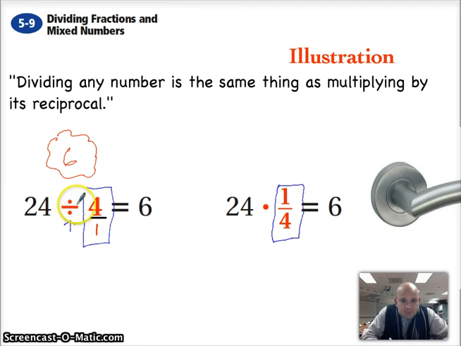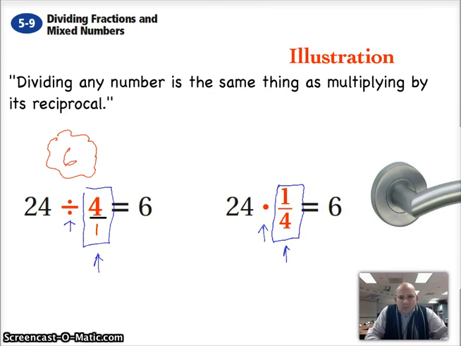We've changed the operation, and we've changed the number following that operation to a multiplication times the reciprocal. Both these instances lead up to a product or a quotient of 6. Here's a quotient of 6. Here's a product of 6.